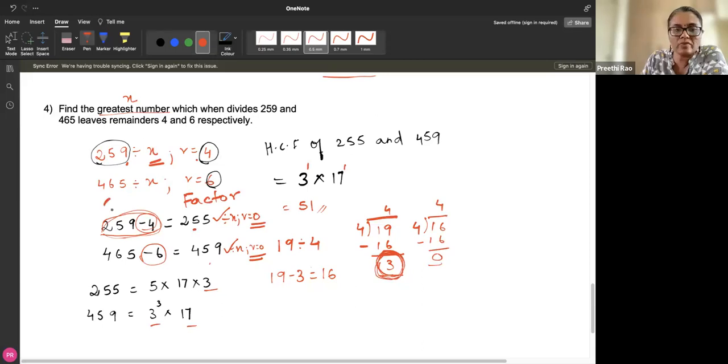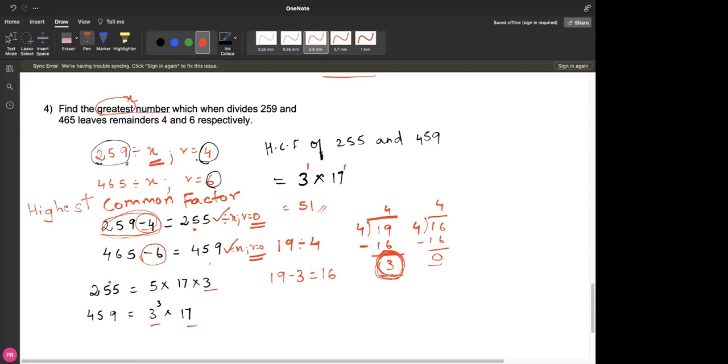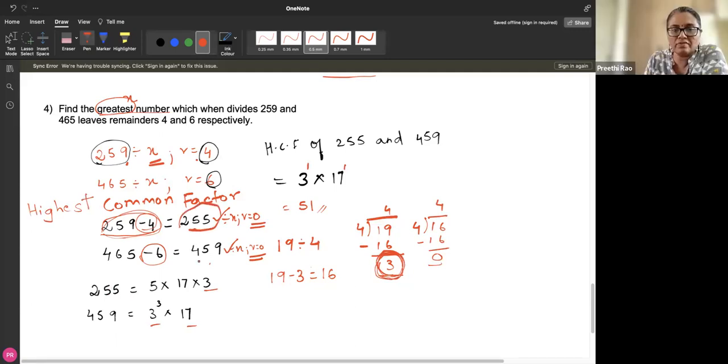So we are looking for a common factor, and we want the greatest such number. So we want the highest common factor, HCF. I find the HCF of 255 and 459, and that is 51.